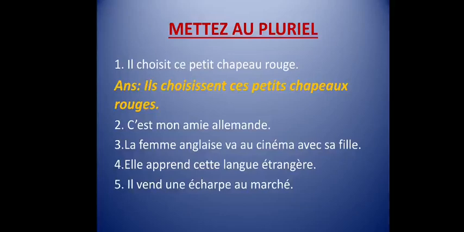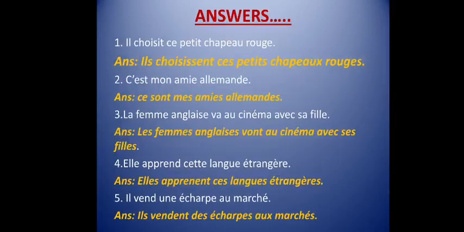Now let's check the answers. So we'll start from the second, since we have already discussed the first one. C'est becomes ce sont. So this becomes these are. Ce sont mes amis allemands. Then third one, les femmes anglaises vont au cinéma avec ses filles.